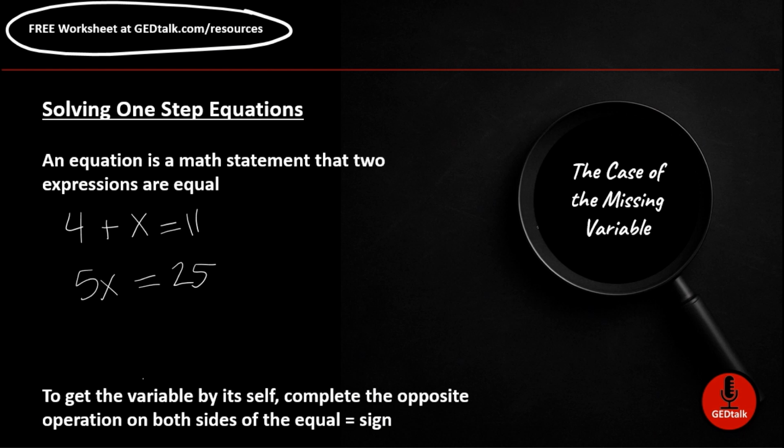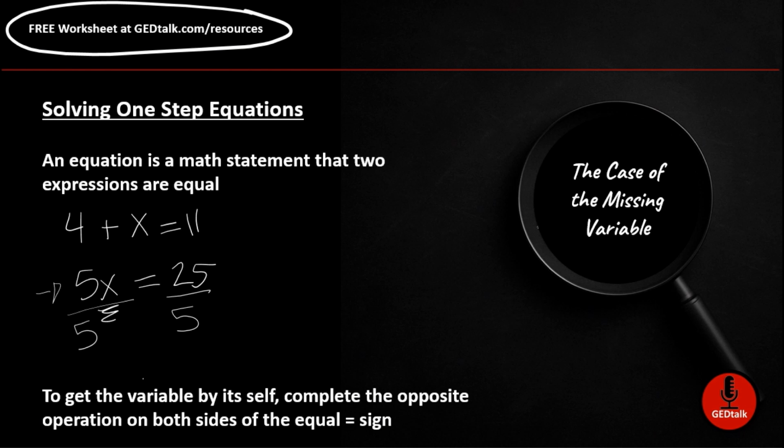When we have these types of problems where we're introduced to variables, our goal is to find out what x stands for. With these one-step equations, in order to get x by itself, you might have to, for example in this equation right here, divide both sides of the equation by 5, because in algebra you complete the opposite operation than what you see.